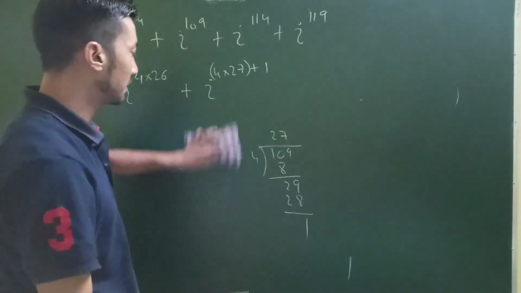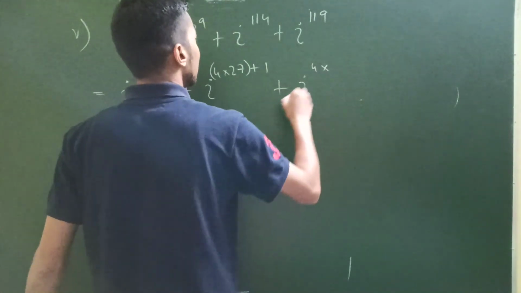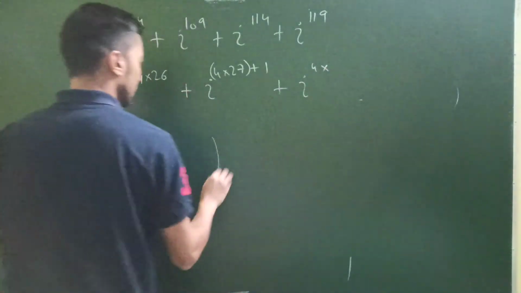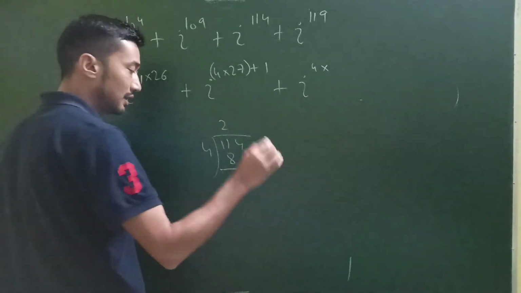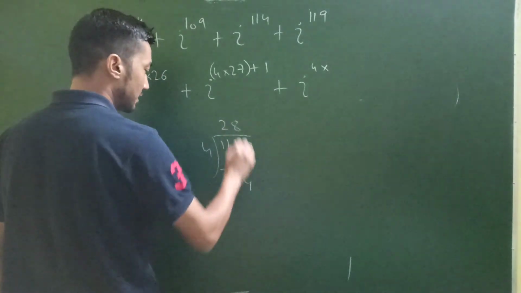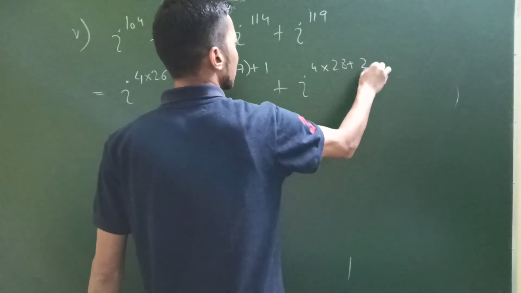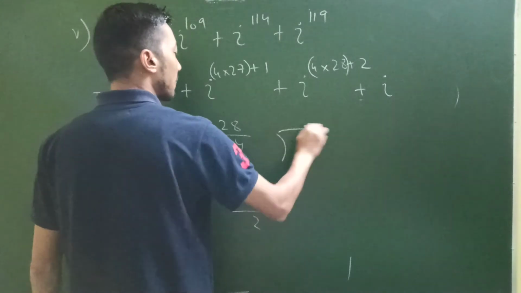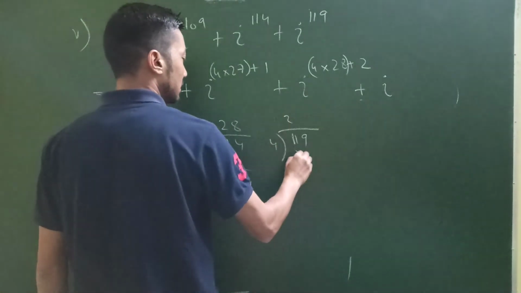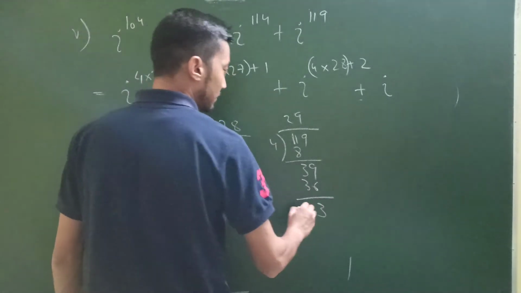Alright, not a big problem there. What about 114? 114: 4 twos are 8, 11, 3, 34, 4 eights are 32, so 2 is the remainder. So 4 into 28 plus 2. Plus i to the power 119: 4 twos are 8, 39, 4 nines are 36, 3 left.